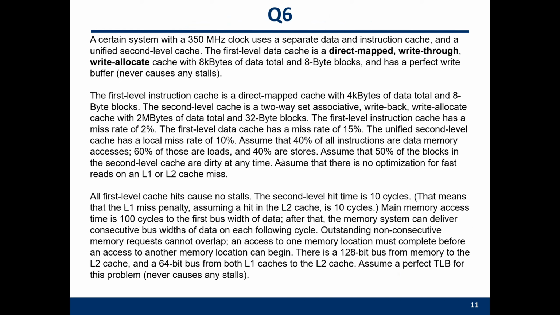So part C is about the cycle numbers, the average access latency. By reading the first two paragraphs, we have no cycle numbers, so we need to continue to read the third paragraph. The second level hit latency is 10 cycles.